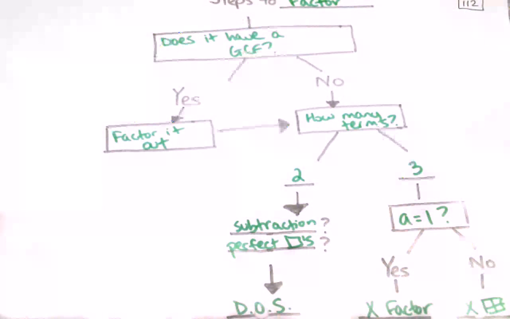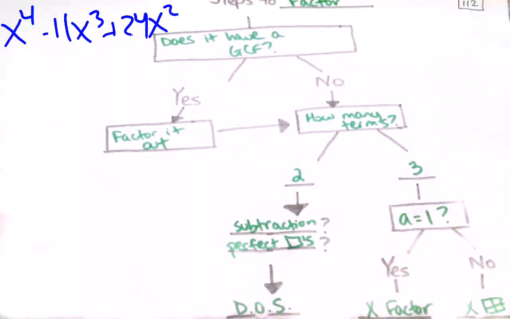And one more. x to the 4th minus 11x cubed plus 24x squared. Once again, I'm just making an observation. When I'm writing that out, I feel like I wrote x a lot. And specifically, my lowest exponent of x is 2. So I'm going to divide each term by x squared.